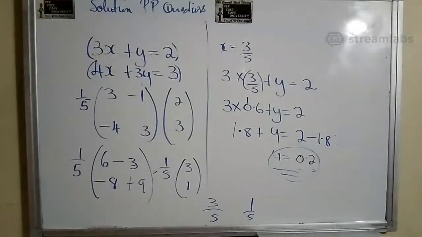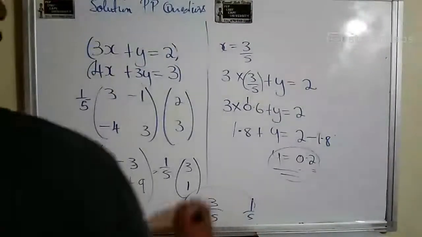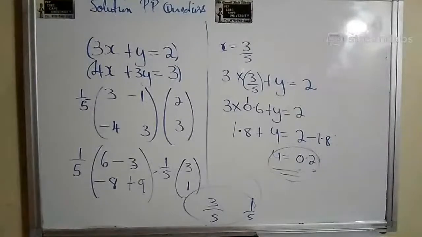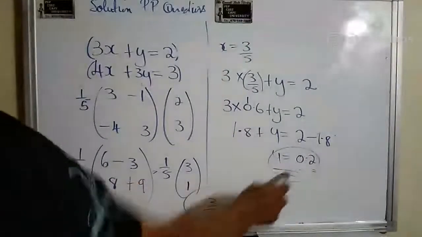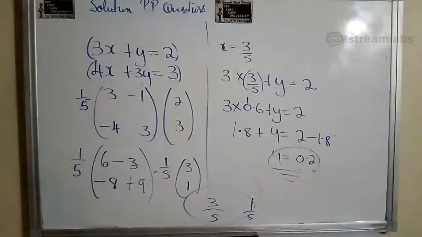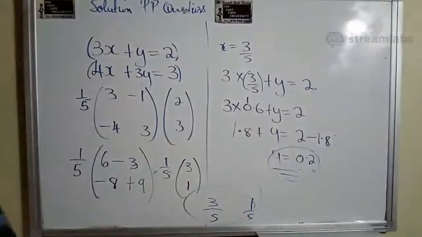Just recheck. 3 times 2 is 6, negative 1 times 3, that's right. Negative 4, that's 8. 3 times 3 is 9. Alright, so it's 3 over 5 and 1 over 5. Oh yeah, it's the same thing as 1/5. Okay, correct. I made an error with the multiplication.